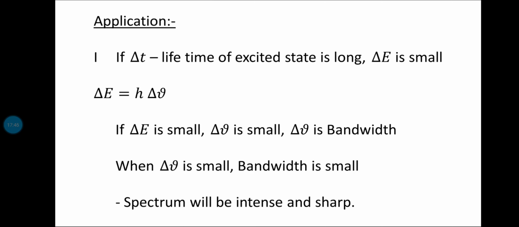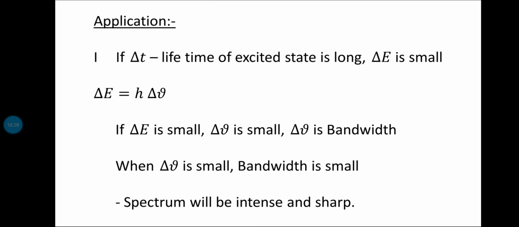Now we are having an excited state for which lifetime is more. Therefore, energy delta E will be small. Delta E is equal to h into delta nu, because E is equal to h nu, if you put delta for energy, delta E will be equal to h into delta nu. Delta nu or delta nu bar, whatever you can say, is known as bandwidth. So if delta T is large, delta E is small, and delta nu will also be small because it is directly proportional.